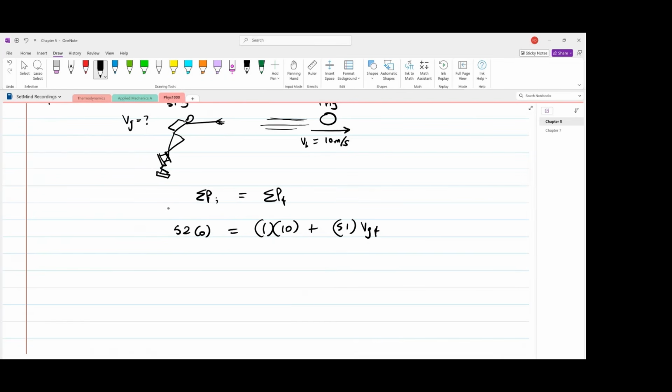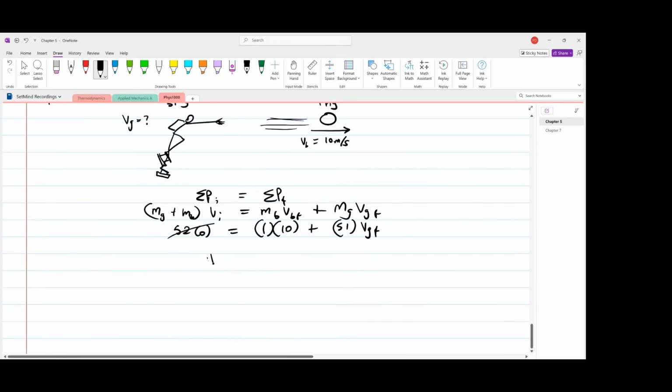Actually, you should not be like me, rather put in your variables first. So initially, it is going to be mg plus mb times v initial equals mb times vb final plus mg times vg final. Now that we know all of this, we can solve for vg final.